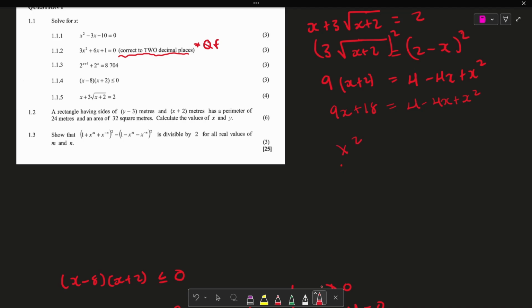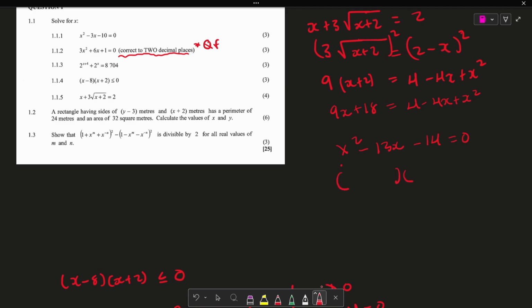So we're going to typically move everything to the side with an x squared. So you can see that here we actually end up with x squared. You move that side, we're gonna have minus 13x, and then we're gonna have minus 14 is equal to 0.